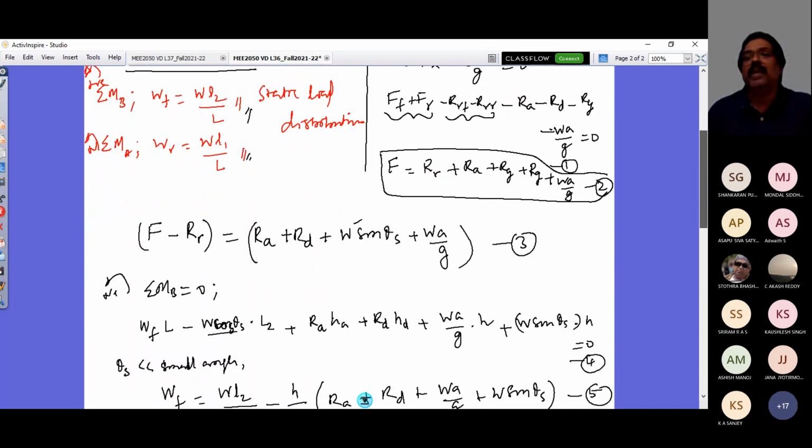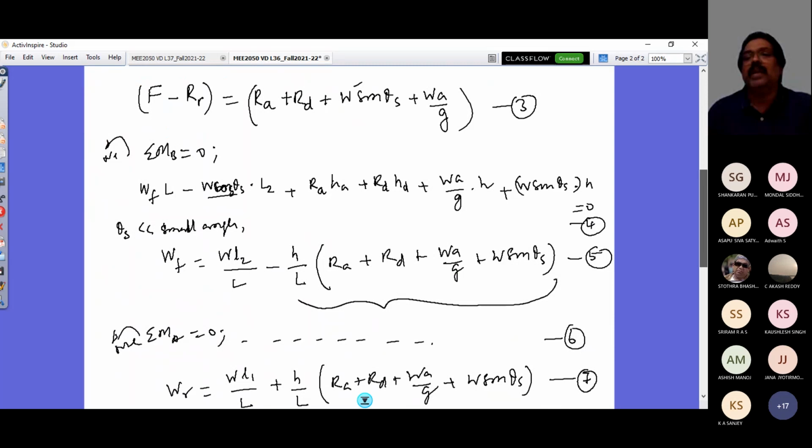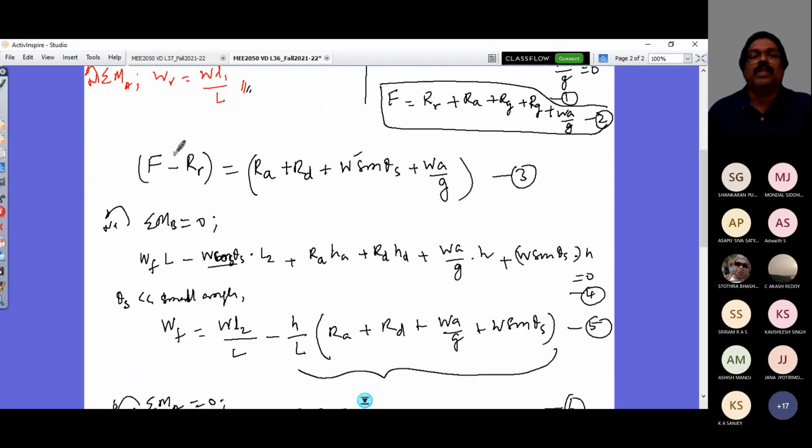We derived the forces at the tire road interaction as the total tractive force minus rolling resistance, which accounts for all the other resistances in your vehicle. This is an important equation.